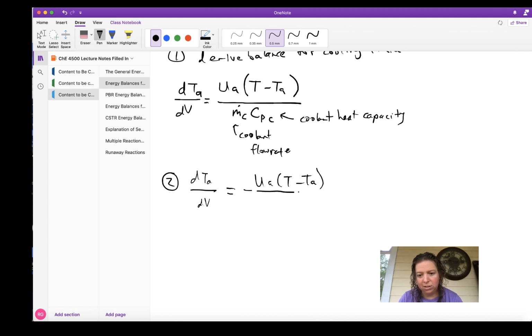I'm putting this negative sign here because instead of integrating from the inlet point to the outlet point, I'm integrating from the outlet point to the inlet point when I'm talking about V. We have set up V such that V equals 0 is at the inlet of the reactor fluids, but for the cooling fluid in the countercurrent case, that's the reactor exit.